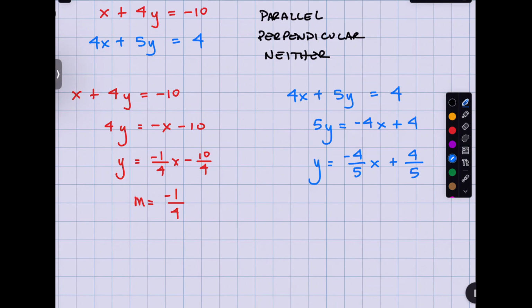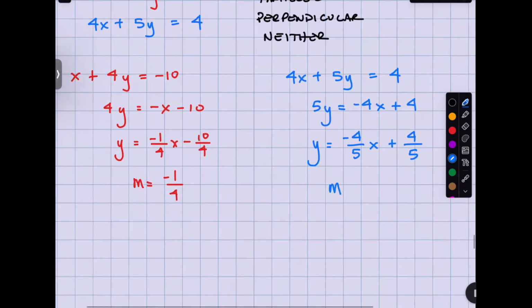So I know the slope here is... all right. So is this parallel? No, because they're not the same, right? Can I flip and negate this to get this? No, I can't flip and negate this to get this either. So guess what this is? Neither.